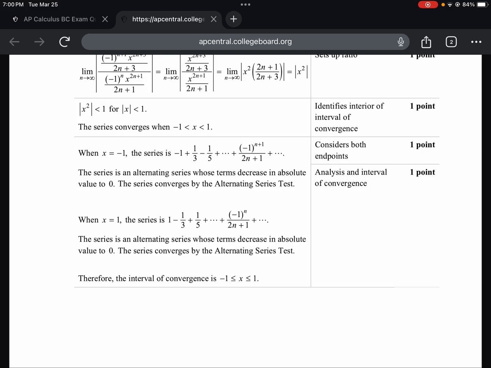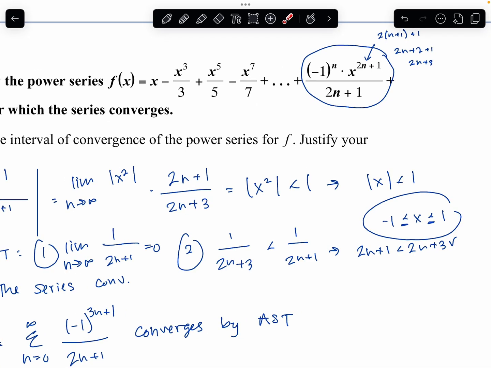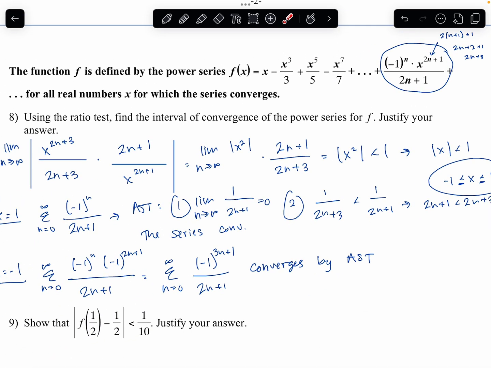So I actually did the alternating series test where I showed 2 points. They just stated the alternating series test. So the series is alternating and the terms decrease in absolute value to 0. Because that's pretty much all the alternating series test says. So right here, this means that the limit is equal to 0, and the second term means that the terms are always decreasing. So they just kind of said that using words. The terms decrease in absolute value to 0.